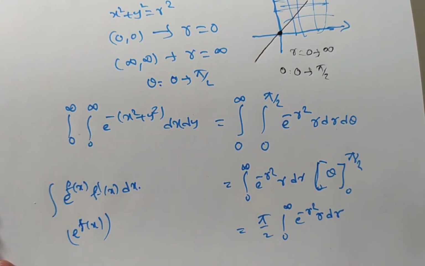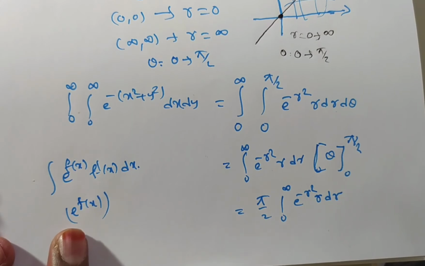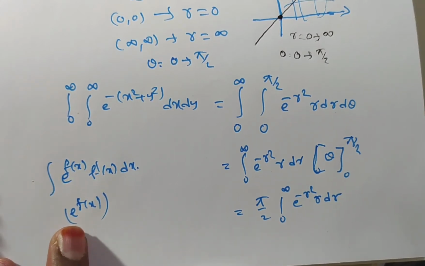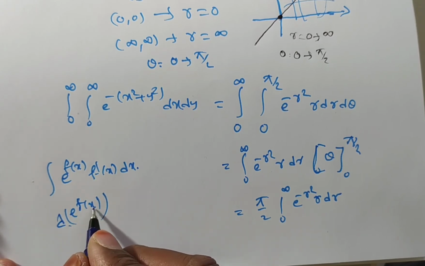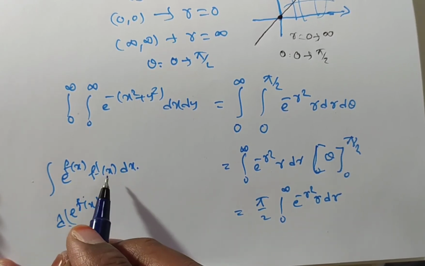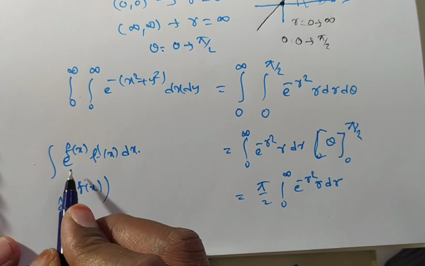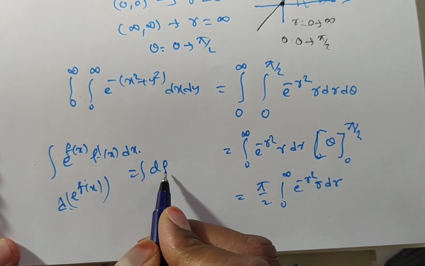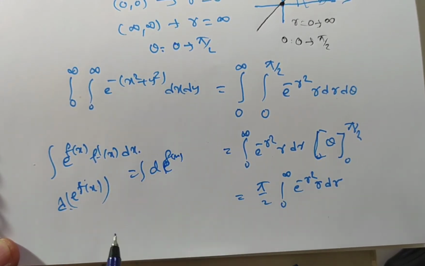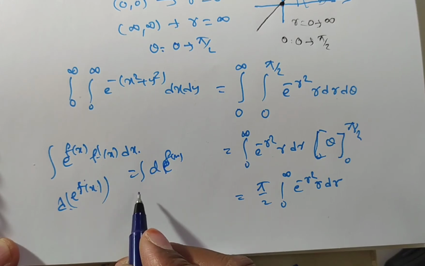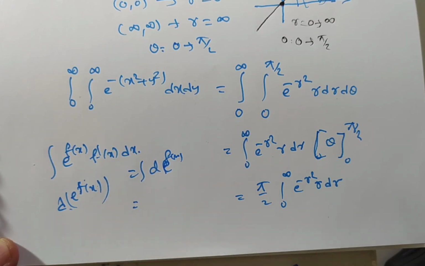The derivative of e power f of x is e power f of x into f dash of x. So you can write this as the integral of the derivative of e power f of x. Yes or no? So the derivative and integration cancel, and you have only e power f of x. That is what I have written.